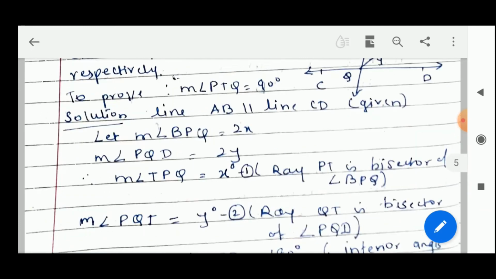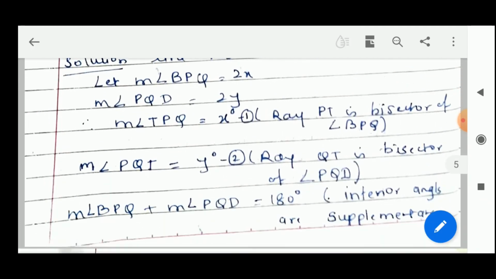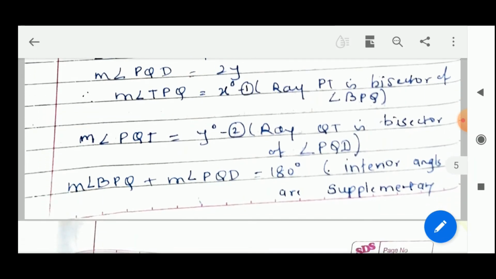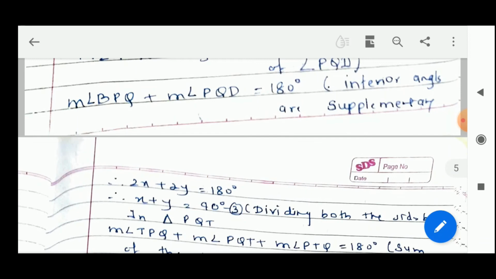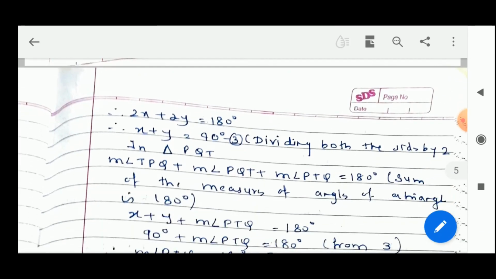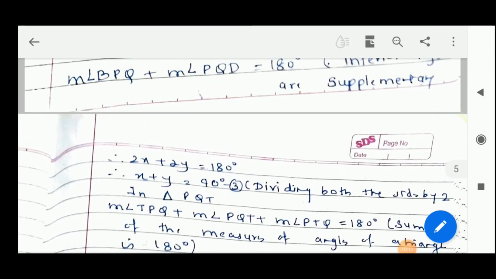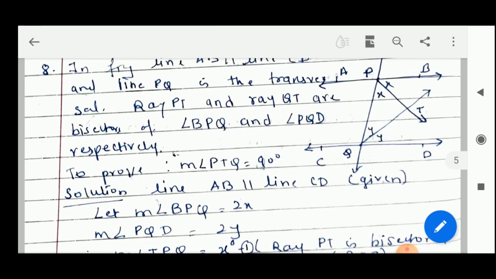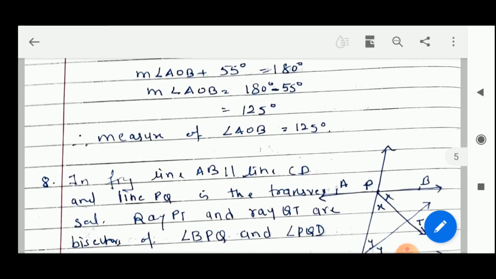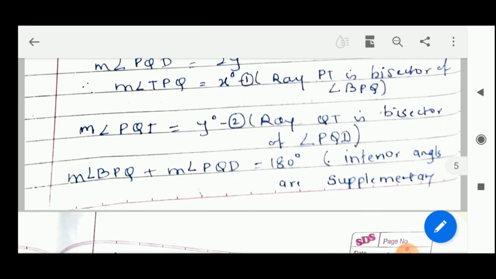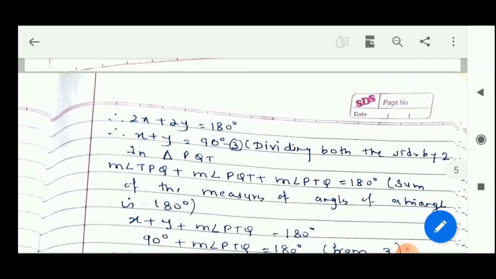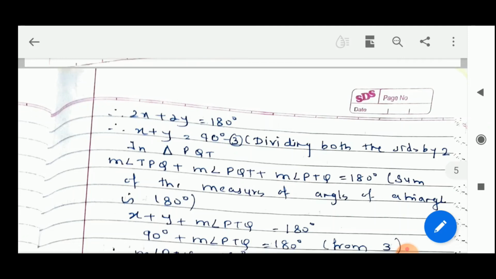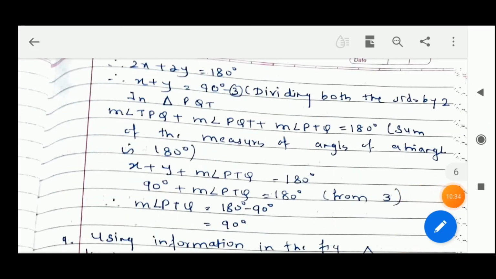Now measure of angle BPQ plus measure of angle PQD is equal to 180 degree. Interior angles are supplementary. So 2x plus 2y is 180. So x plus y is equal to 90. Now in triangle PQT, measure of angle TPQ plus measure of angle PQT plus measure of angle PTQ, this is equal to 180 degree.